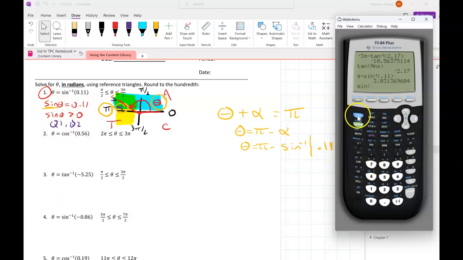So if I do sine of that answer that I just got, I should get 0.11. The other condition it has to meet is that the answer has to be between pi over 2 and 3 pi over 2.